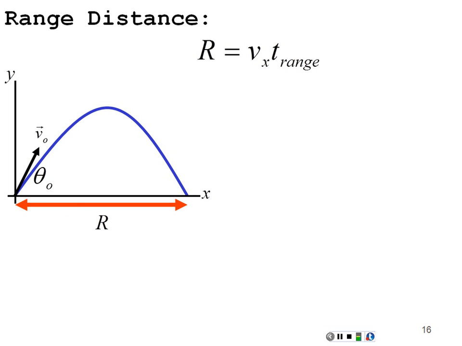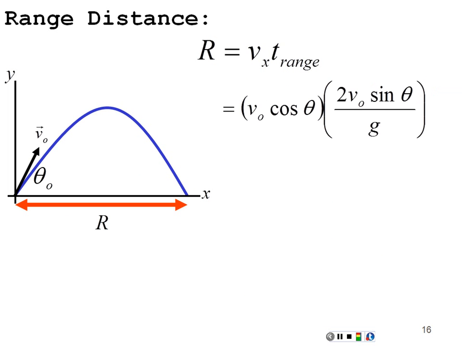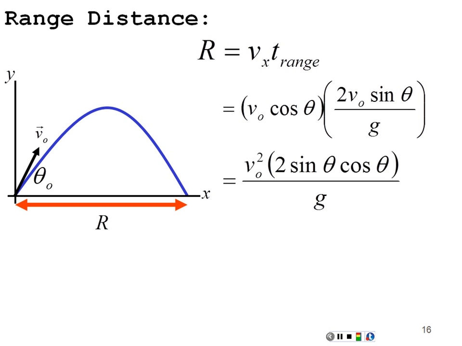Our range is going to be equal to our x velocity times the time that we're in the air. That's going to be v naught cosine theta times 2 v naught sine theta over g, which we could rearrange as v naught squared times 2 sine theta cosine theta over g. But 2 sine theta cosine theta is a trig identity, otherwise known as the sine of 2 theta. So we have that our range, how far we're going to go on a level plane, is going to be equal to v naught squared sine 2 theta over g.